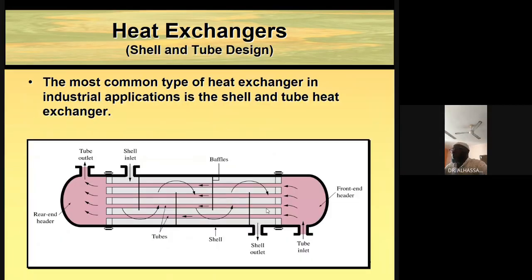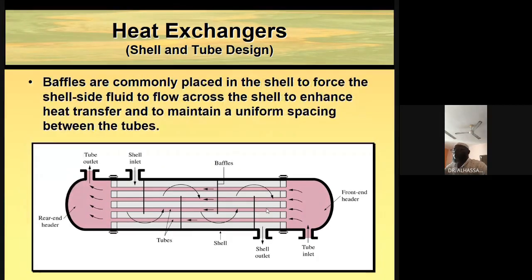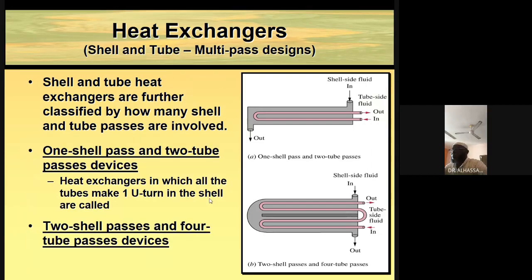Here also we have the shell and tube heat exchanger. These are examples of the way baffles have been placed, to ensure that the fluids move with turbulence in the fluid motion. This enhances the heat transfer.